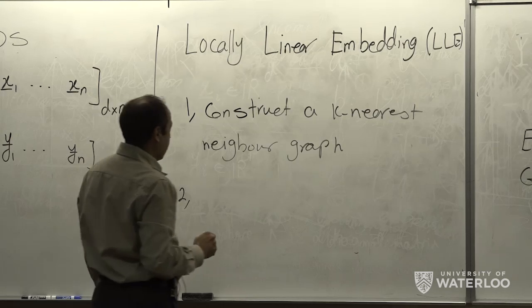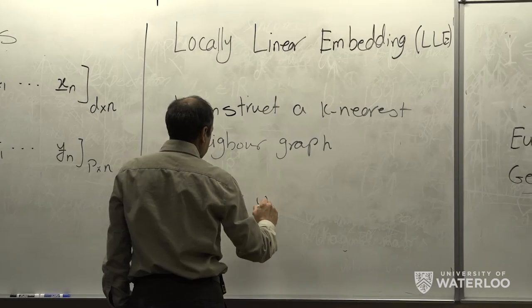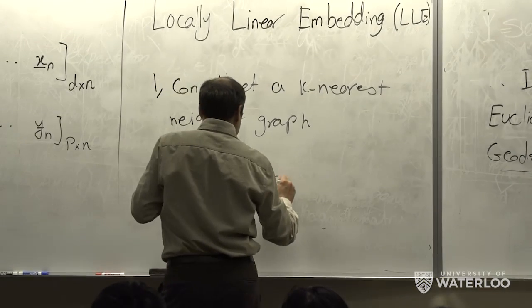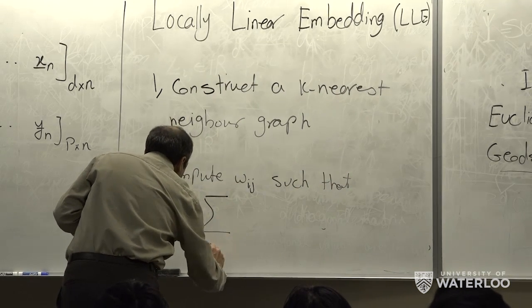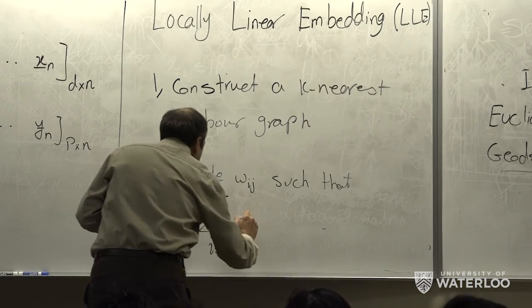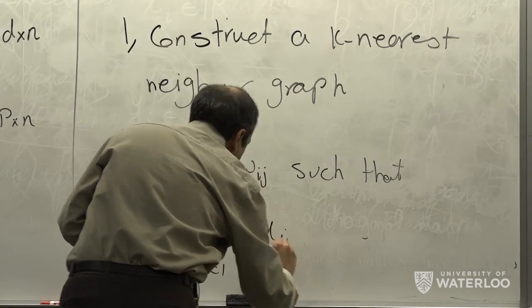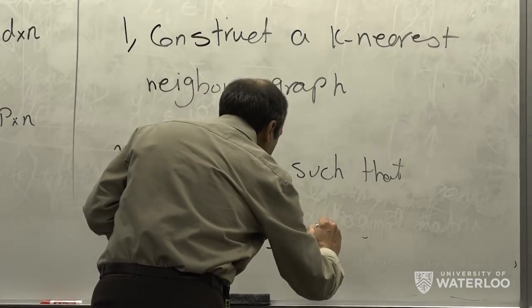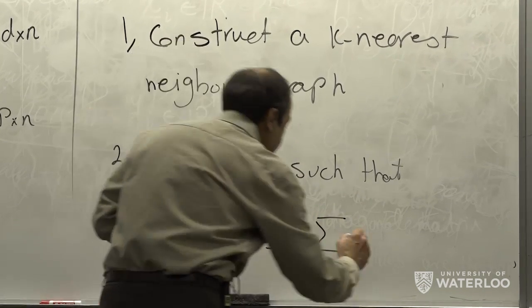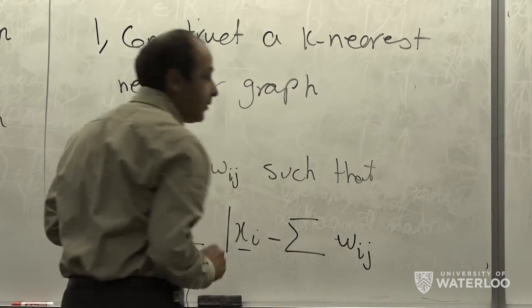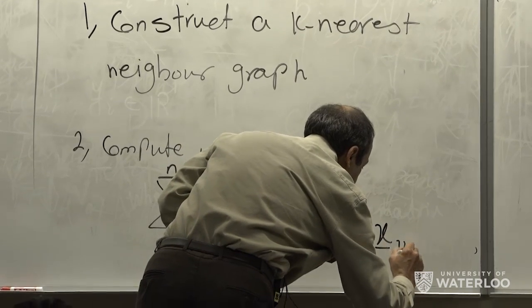Step 2: compute Wij such that for all i, xi is close to the summation of Wij times xj, over the neighbors of xi. So I will use this notation.